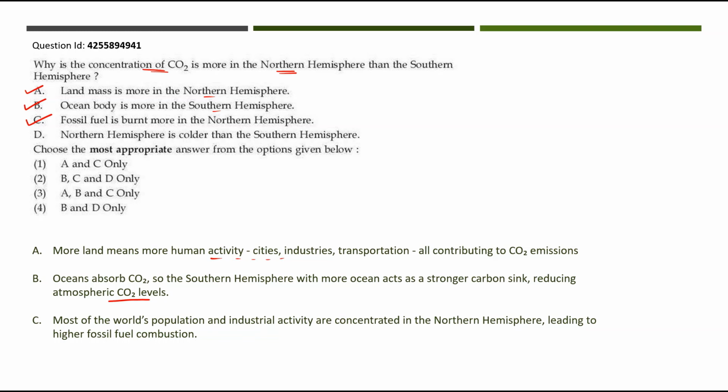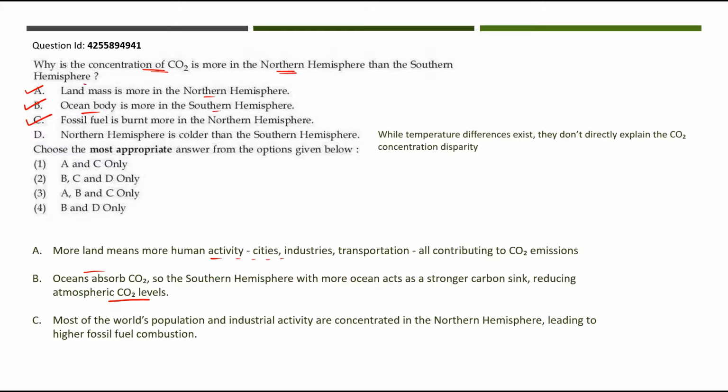What about D? Northern hemisphere is colder than the southern hemisphere. While temperature differences exist, they don't directly explain the carbon dioxide concentration disparity. When they said ocean body, they say how oceans absorb CO2 and reduce it in the atmosphere.